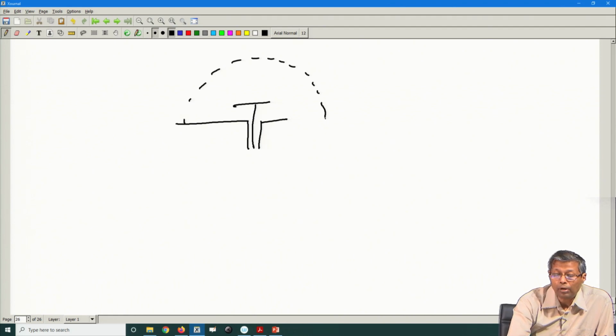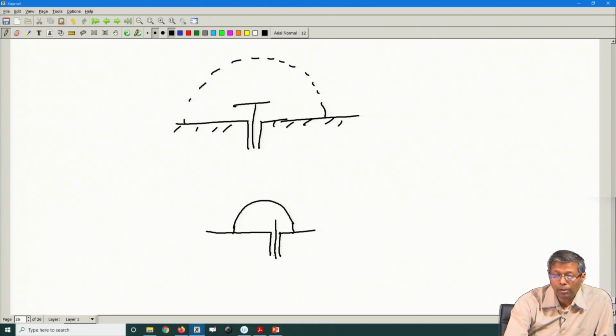I want to find the power radiated, or a dielectric resonator antenna. I want to find the power radiated.